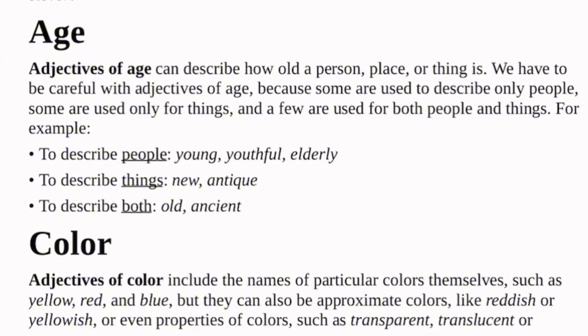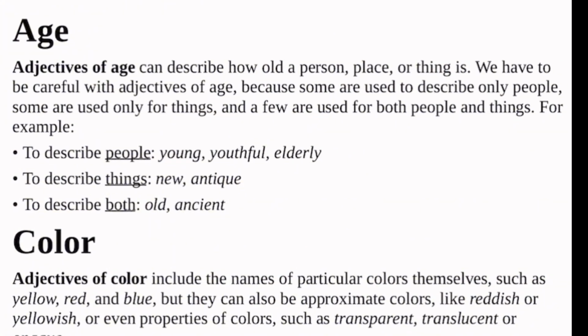So let's look at age. Adjectives of age can describe how old a person, place, or thing is. We have to be very careful with adjectives of age because some are used to describe only people, while we also use some to describe only things, and we have a few that we can use for both people and things.